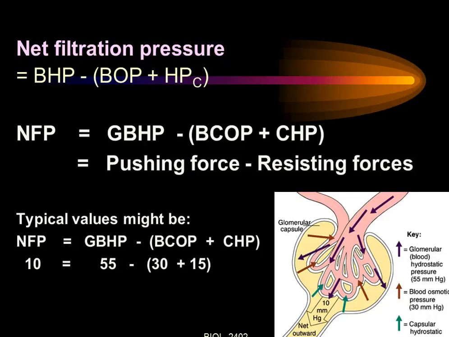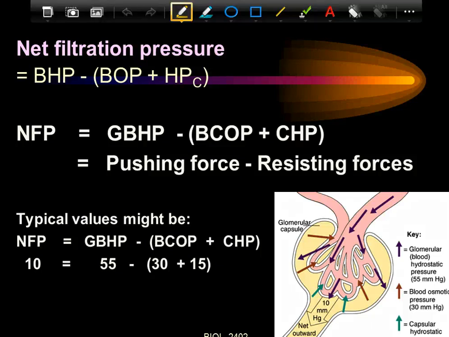Okay. So here we are at net filtration pressure. Really important to understand this. 3 pressures. You've seen a couple of them already. Blood hydrostatic pressure, also called glomerular blood hydrostatic pressure, GBHP or just BHP. It is the pressure in the blood vessel pushing outward.